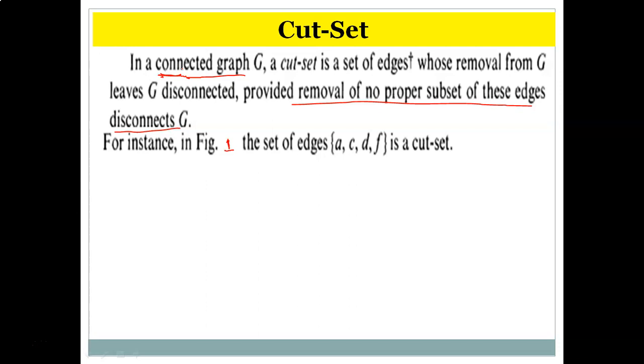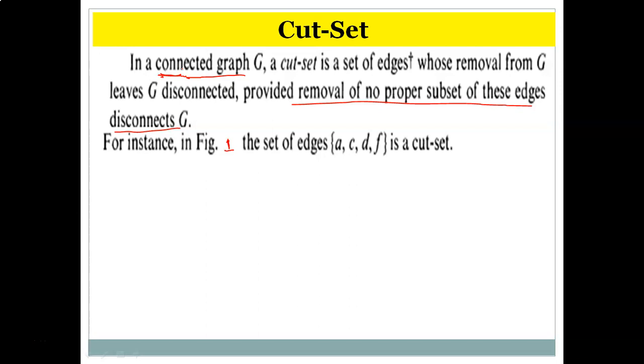In a connected graph G, a cut set is a set of edges whose removal from G leaves G disconnected, provided removal of no proper subset of these edges disconnects G. So now I'm explaining the second point.